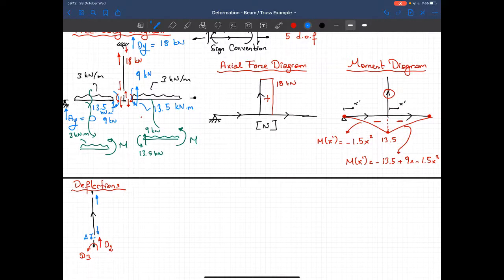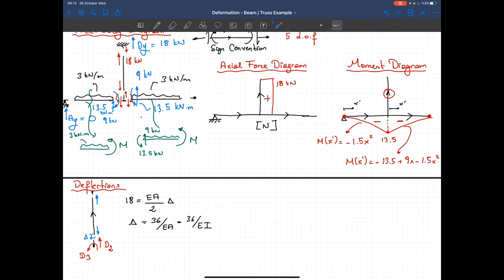From the axial deformation equation, I know that 18 kilonewtons is equal to EA divided by length, the length being 2 meters, multiplied by delta. That's the axial deformation equation, and from that I obtain delta equal to 36 divided by EA, or I can just write it as 36 divided by EI. We said that we have the same magnitude in here.